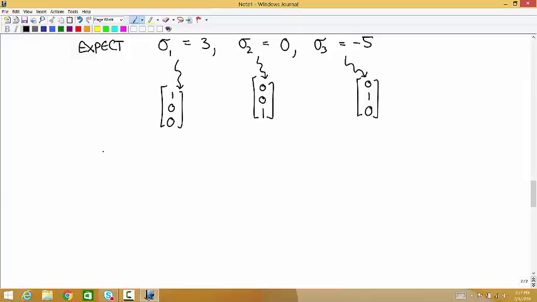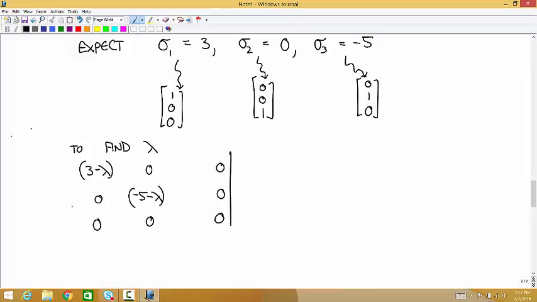Okay, so to find the lambdas, we have 3 minus lambda, 0, 0, 0, negative 5 minus lambda, 0, and then 0, 0, 0. And we're taking the determinant of that.